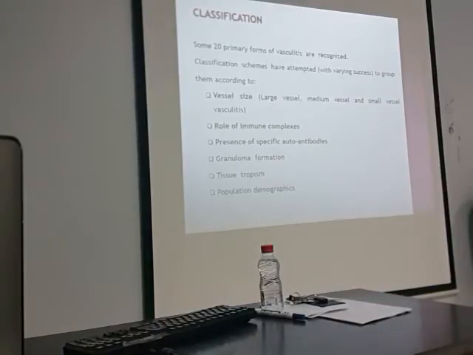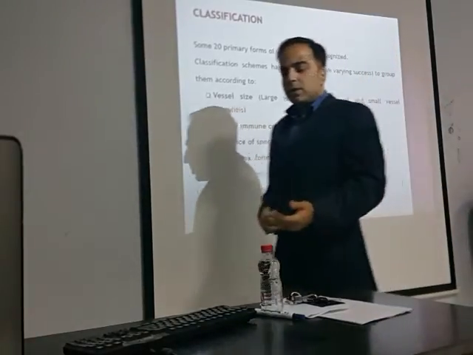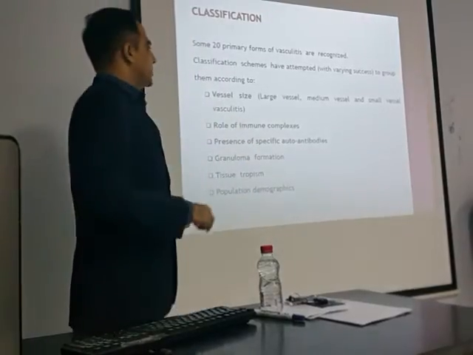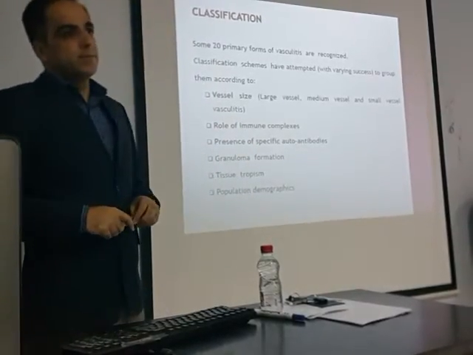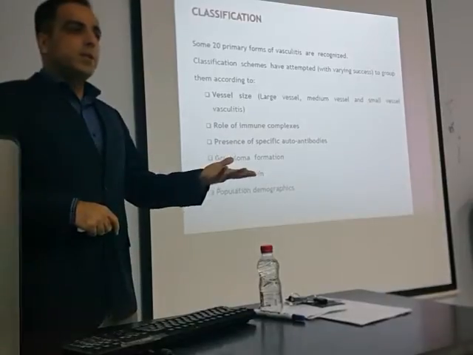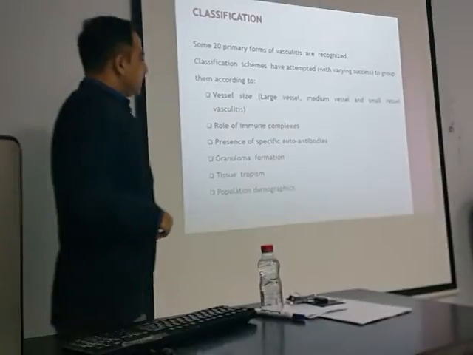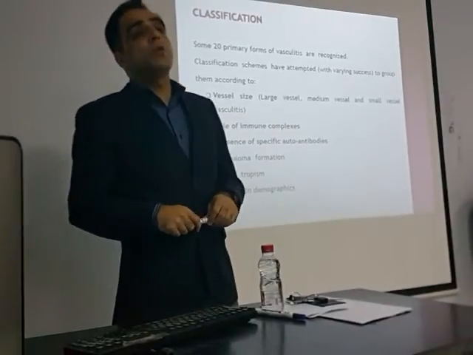Then we have medium vessel vasculitis, again two, and small vessel vasculitis, three. According to this we will adjust it. I will show you the diagram. Depending upon which vessels are involved, we say it is large vessel, medium vessel, or small vessel vasculitis. Then the role of the immune complexes: whether it is immune mediated or not, whether immune complexes are required or not. Then the role of specific autoantibodies.